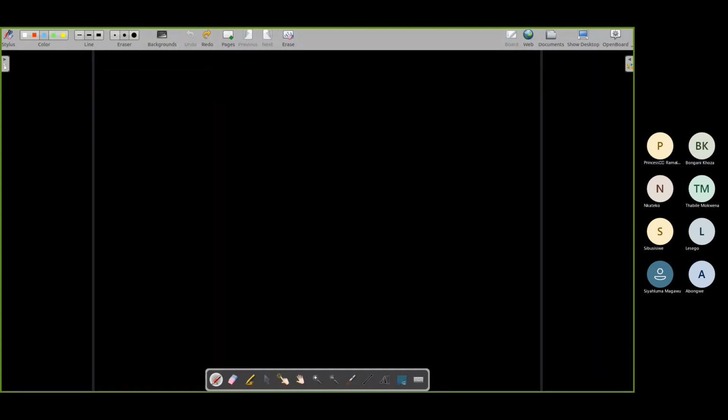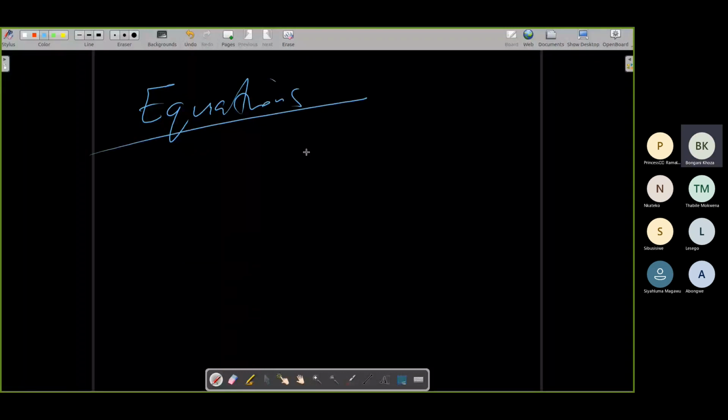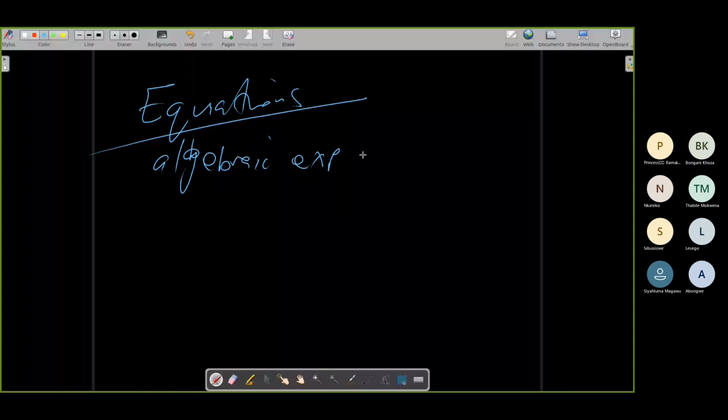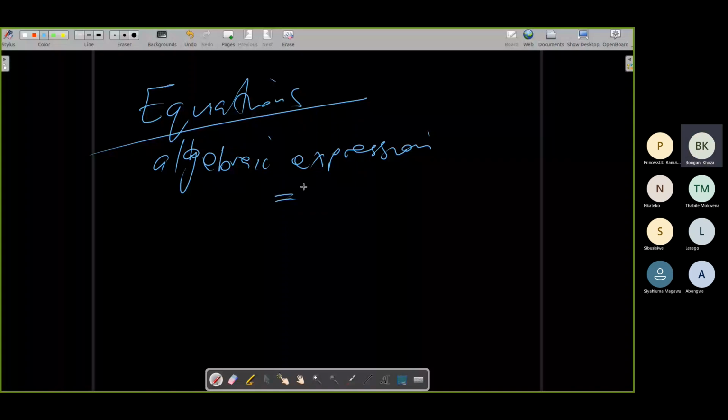So on Saturday, we started looking at equations. Can you guys all see my screen, right? We said that equations are just us taking our algebraic expression or statement, and then we put an equal sign to it, right?